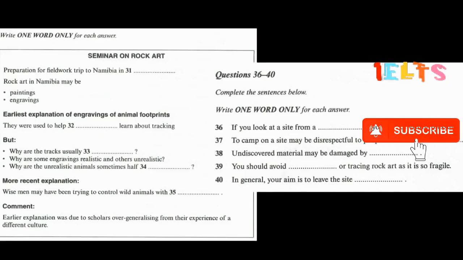You will hear part of a lecture about cave paintings and other types of rock art. First, you have some time to look at questions 31 to 40.